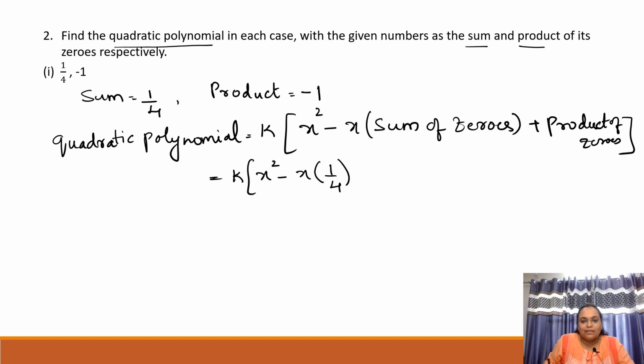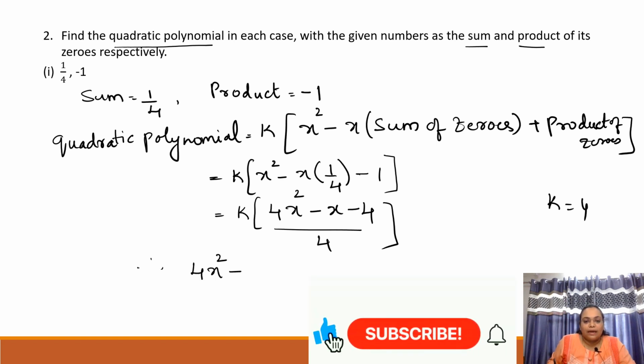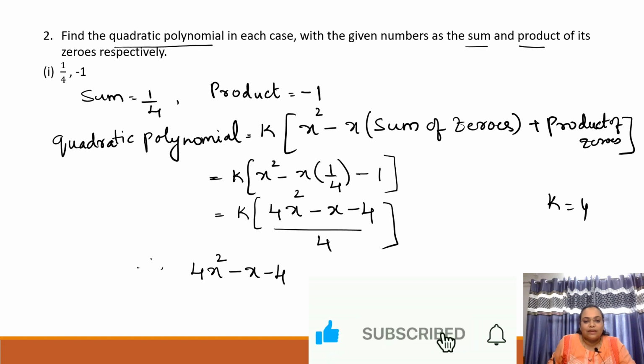So plus of minus 1, I'll directly take it as minus 1. K of, if you take an LCM, this will be 4x square minus x minus 4 by 4. Okay. Quadratic polynomial will be 4x square minus x minus 4.